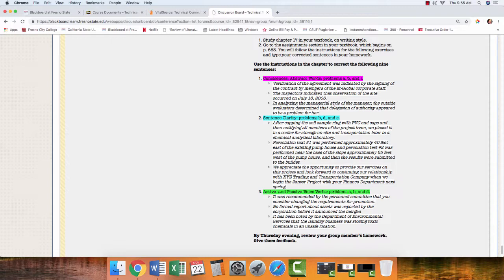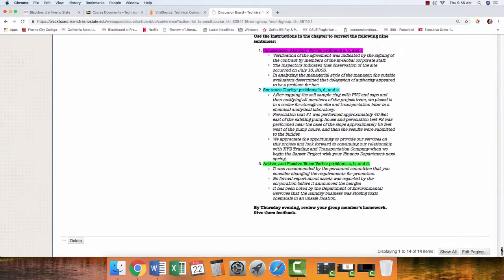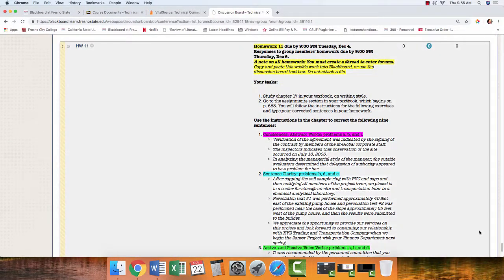I've grouped together ones that I thought were particularly good for this class, to work on conciseness, to clarify abstractions, to work on sentence clarity here, and the last set are active and passive voice. So you want to correct passive voice and make it active. Okay, and I've gone ahead and just typed in the sentences from the book so that it's clear what it is I'm asking you to do, and you don't feel, hopefully, confused by that at all.